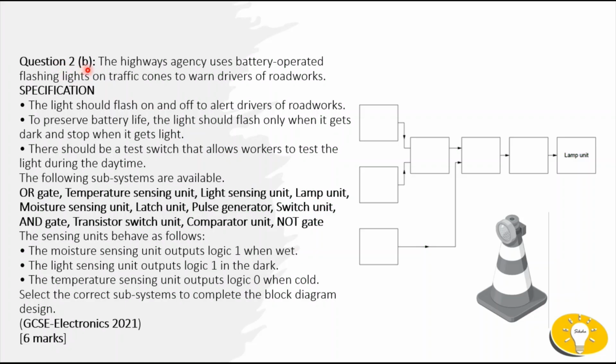Now the second part of this question is again a block diagram. You are given some units or subsystems here, so you can use an OR gate, temperature sensing unit, light sensing unit, and all these.